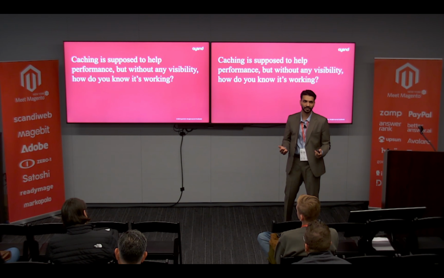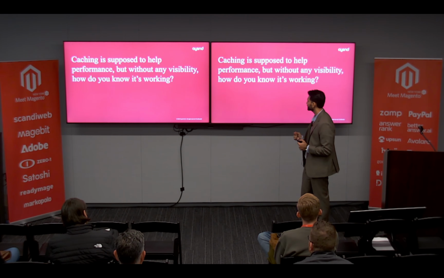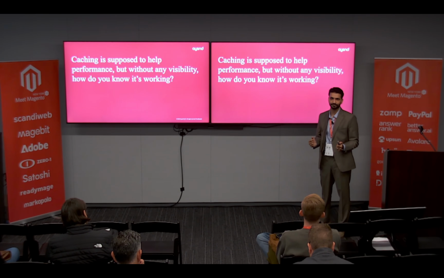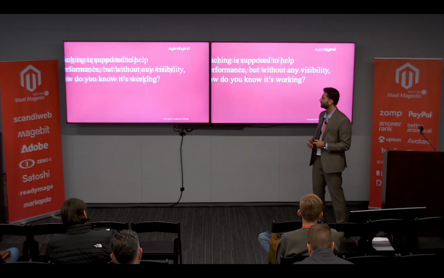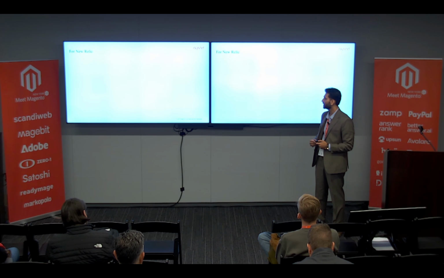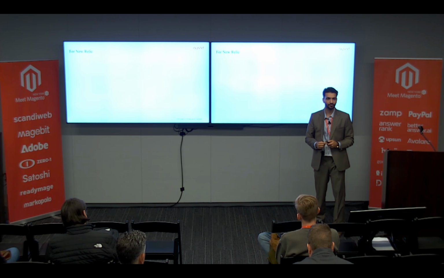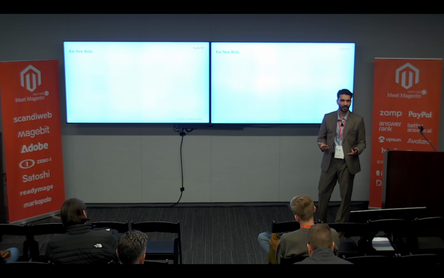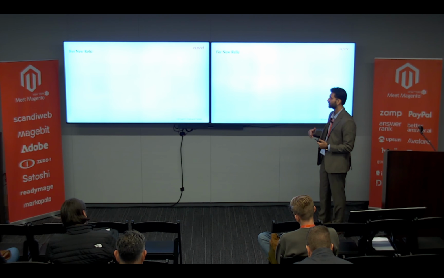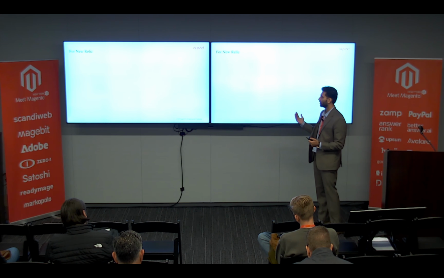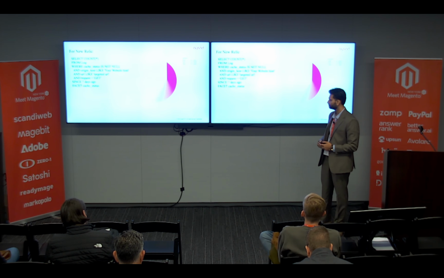Caching is very important, but without insights, how do you know it's working? There are multiple ways to track it. The way I love to do it is by using New Relic. If you have Fastly being used with New Relic, you have this capability to review caching stats on your system.